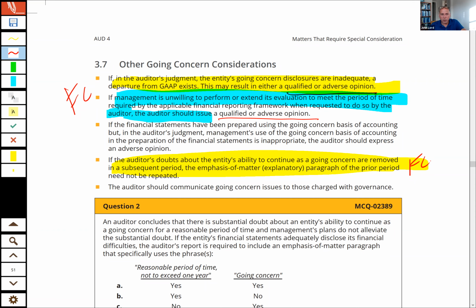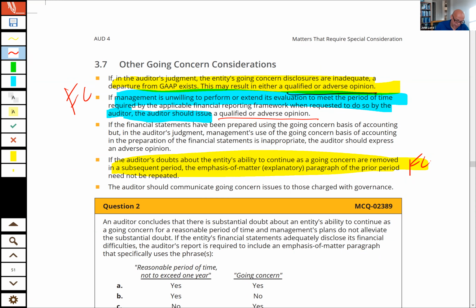Then in 2022, we turn the corner, things reopen. Oh, okay, the concern is alleviated. Even though I may be preparing comparative statements, I don't have to put that going concern paragraph in. The going concern paragraph pertains to the current year, and I don't have to worry about including it, even though I maybe had the doubt in the prior year's financial statements.